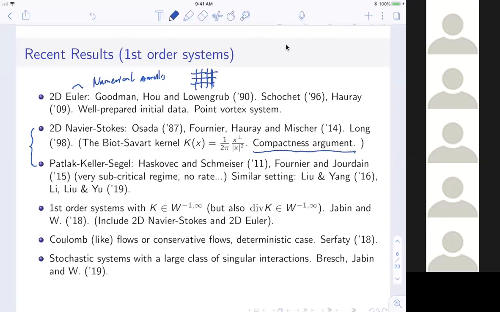Let's say you have ρn, the joint distribution of the particles. You have some control for those ρn, so you can extract a convergent subsequence by the compactness argument. But if you do this, no rate will be available.